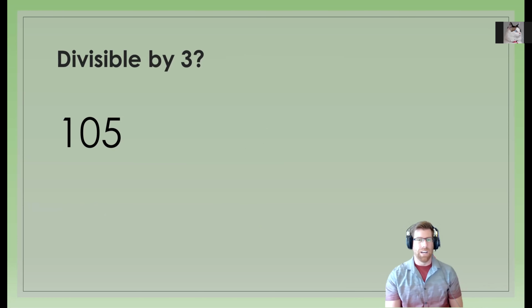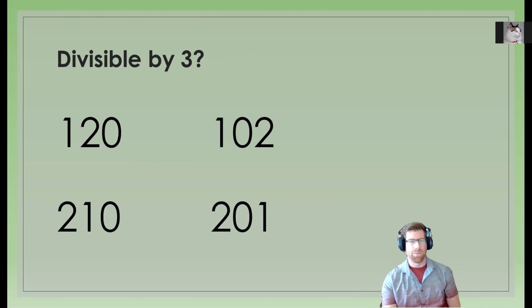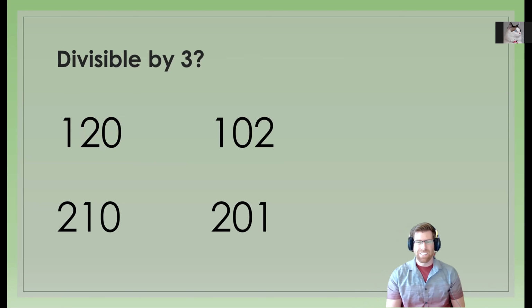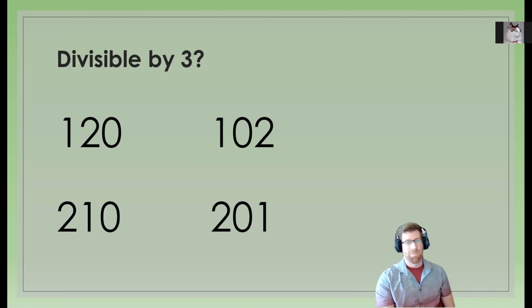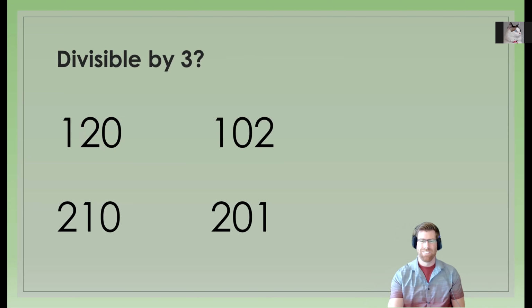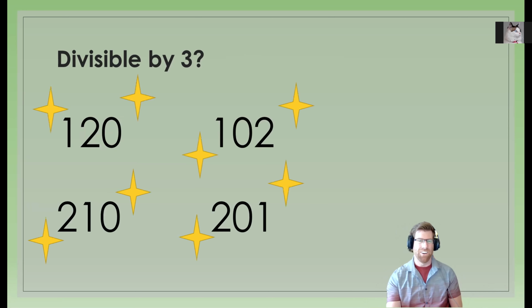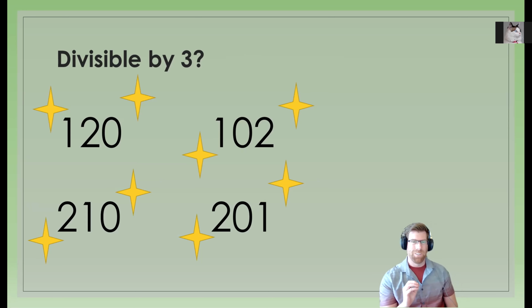So I'm going to show you how we can know very quickly which number is divisible by 3. Here's another. Which of these is divisible by 3? They all are. And I think this example might help us start to formulate what the rule is here.